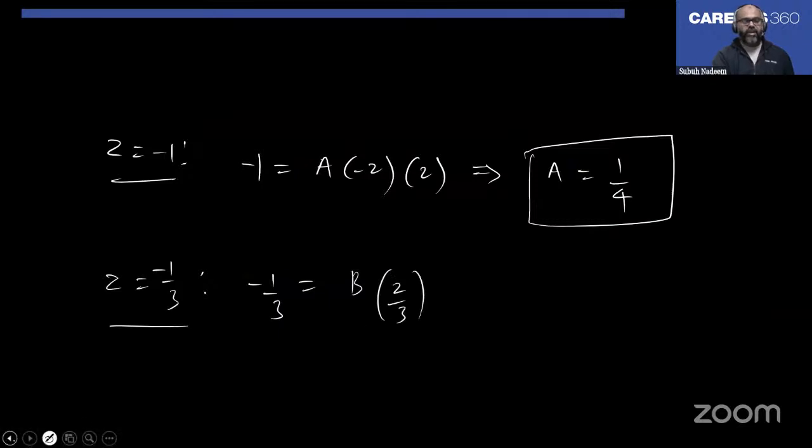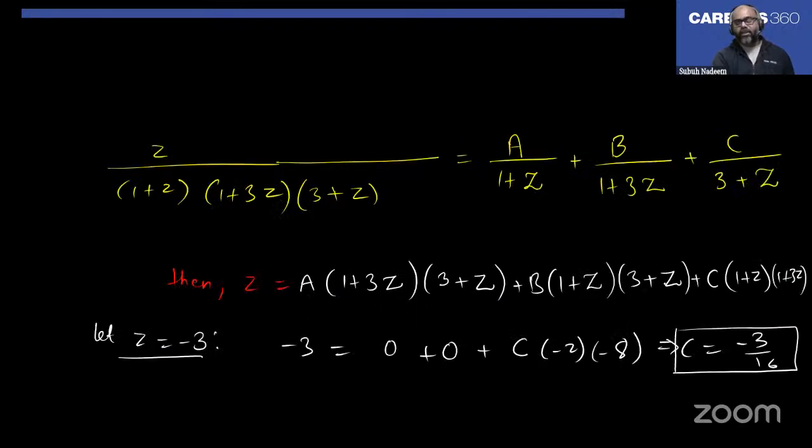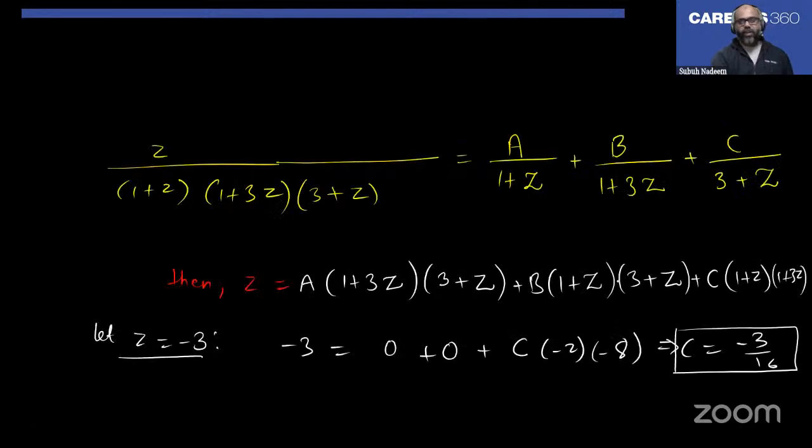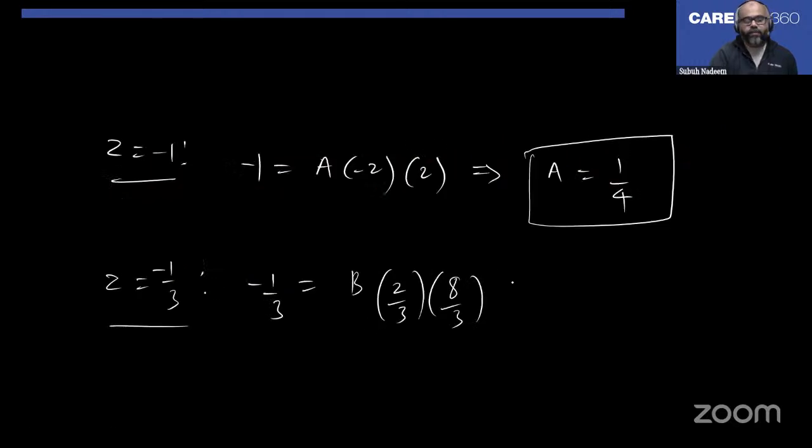And then again, next term is 3 minus 1 by 3. So 8 by 3. And then this term is again 0. So this will be b is equal to minus 3 by 16 again. This is b.